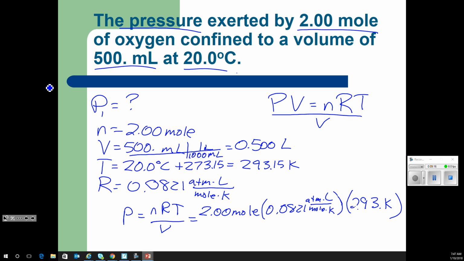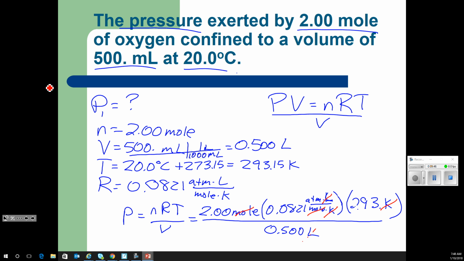No, that should have been atm times liters. Divided by volume, which is 0.500 liters. Now, before I calculate it out, I make sure everything will cancel. Moles cancels with moles. Kelvin cancels with Kelvin. Liter will cancel with liter, and I'm left with atmospheres. Everybody okay with that?